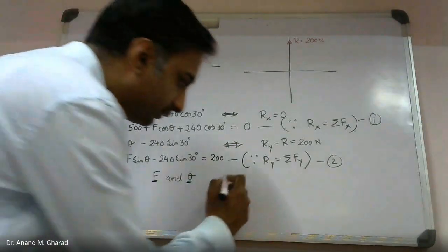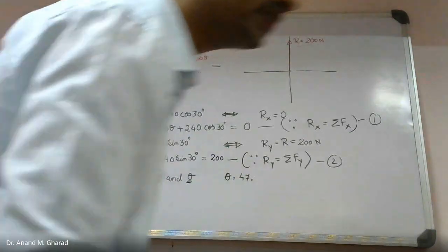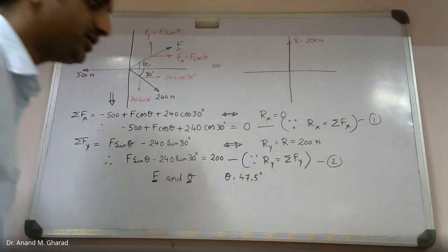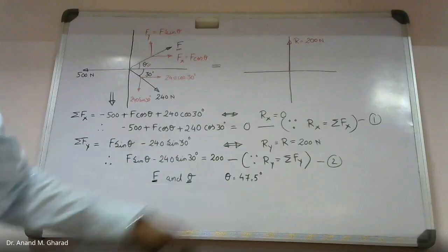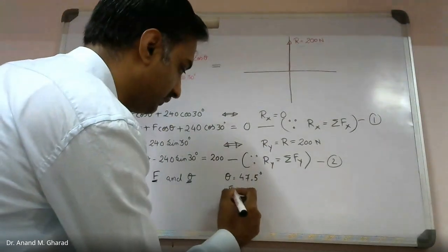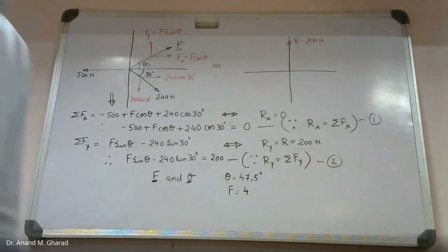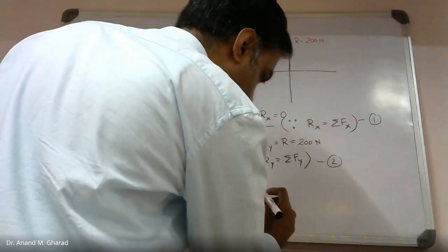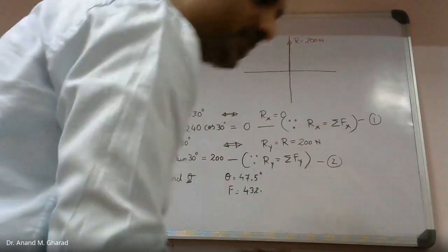Sir, theta is 47.47 degree, 47 point 47, and force is 432.43 Newton. 432 point 43, okay.